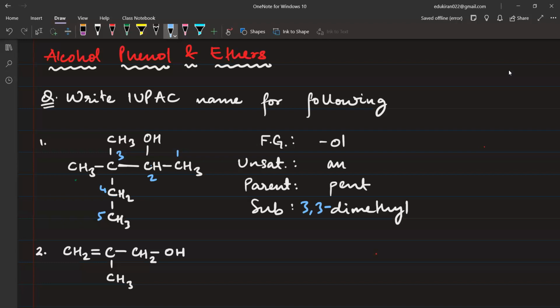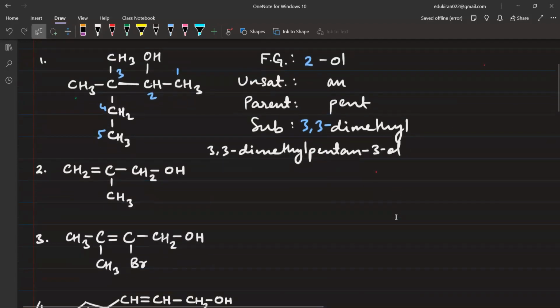There is no unsaturation, so we don't have to number any unsaturation. There is no double bond. Functional group is on the second carbon atom. So you also write 2. The name is going to be 3,3-dimethylpentan-2-ol. Got this? Please tell me. Yes, sir.